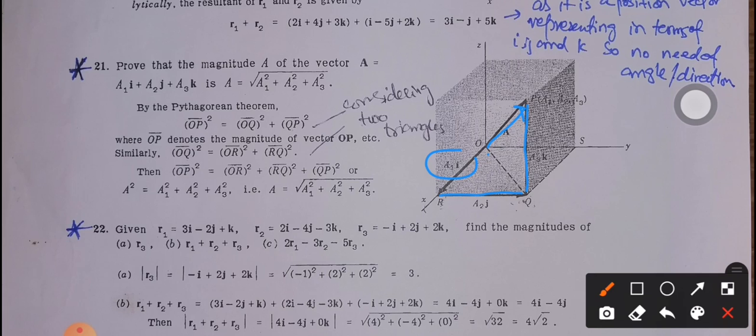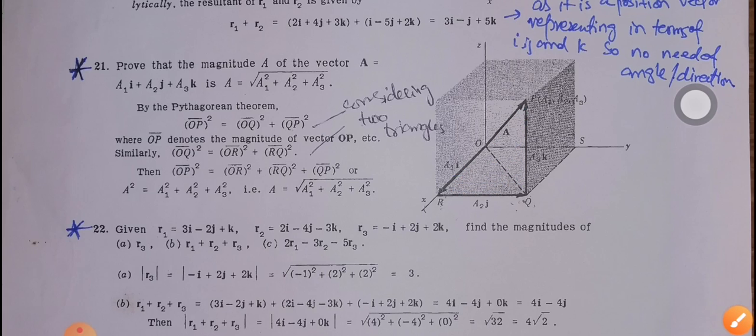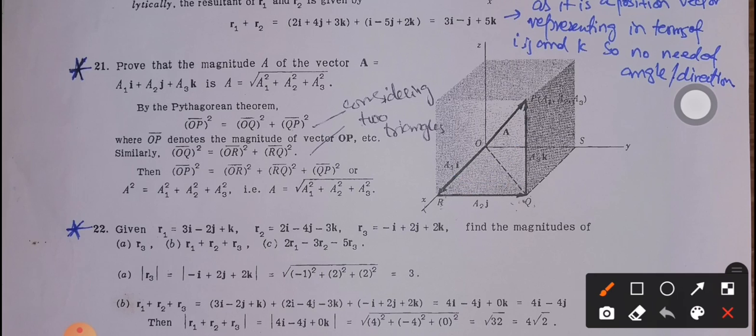If I construct a projection over here, you can see that I now have two triangles. The first triangle is here, and this one is my second triangle. I am going to deal with these two right triangles in order to find the magnitude of the vector A. Firstly, if I take the triangle OPQ, I can apply the Pythagoras theorem: hypotenuse square is equal to perpendicular square plus base square.